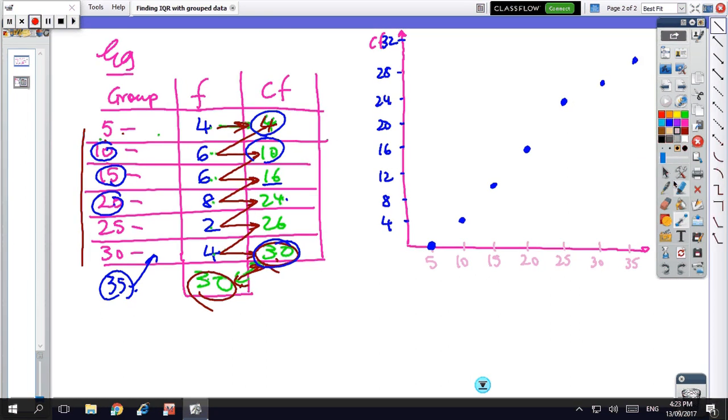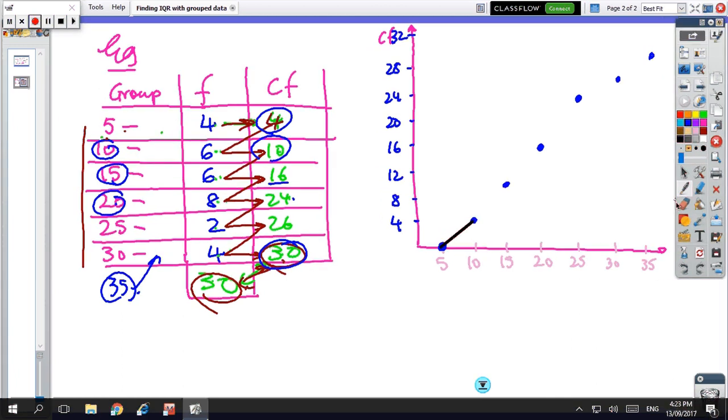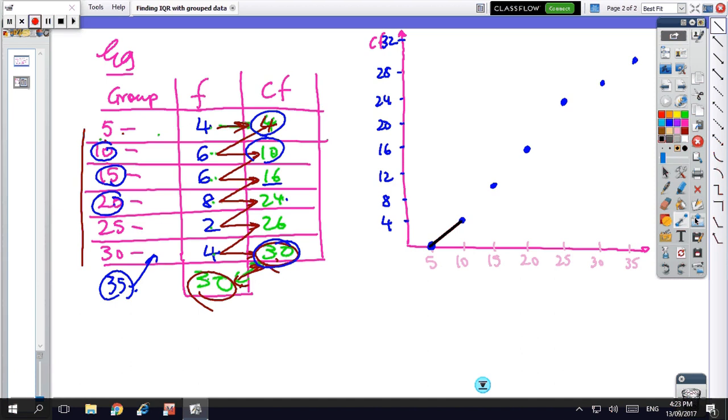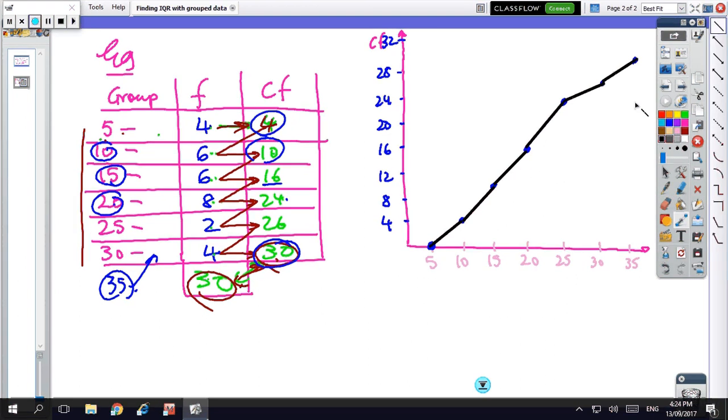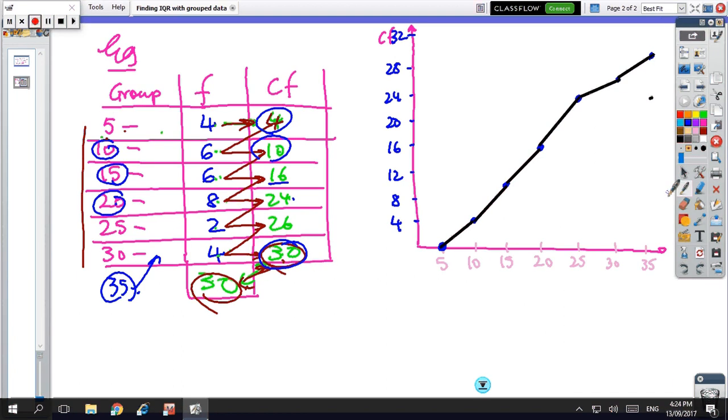So I'll draw a straight line, go there and stop, then draw another straight line, stop, and another straight line, and stop, and then another straight line and stop. You'll be doing it with a ruler, because I know you guys are nice and careful. Okay, so I've got my ogive, which is not too bad. It's a bit dodgy, but that's as close as I'm going to get.